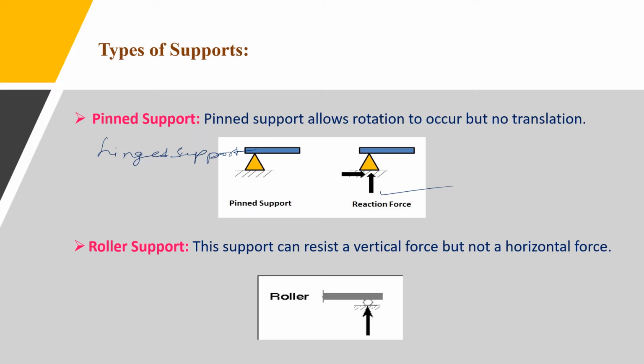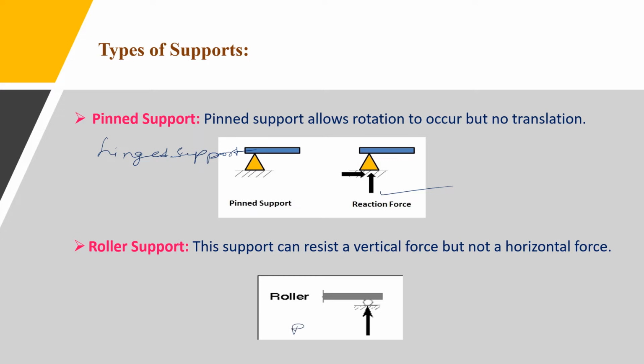And the next one is a roller support. So here the roller support is a support which is free to rotate and translate along the surface on which it rests. It can resist a vertical force but not a horizontal one because the roller is horizontal.